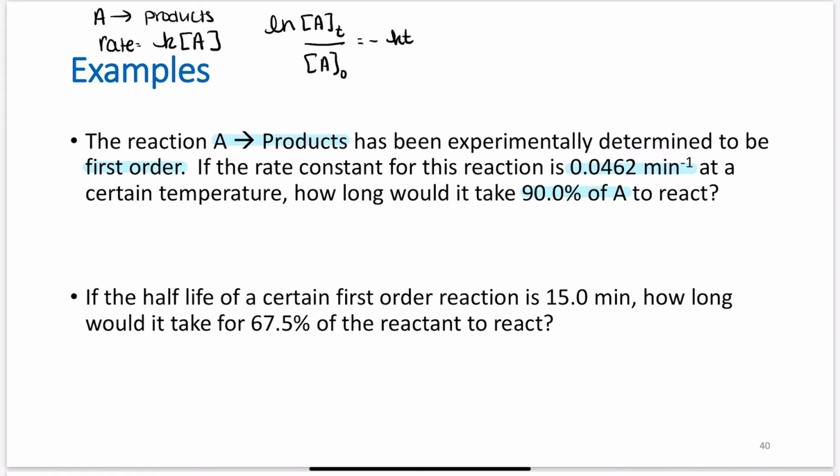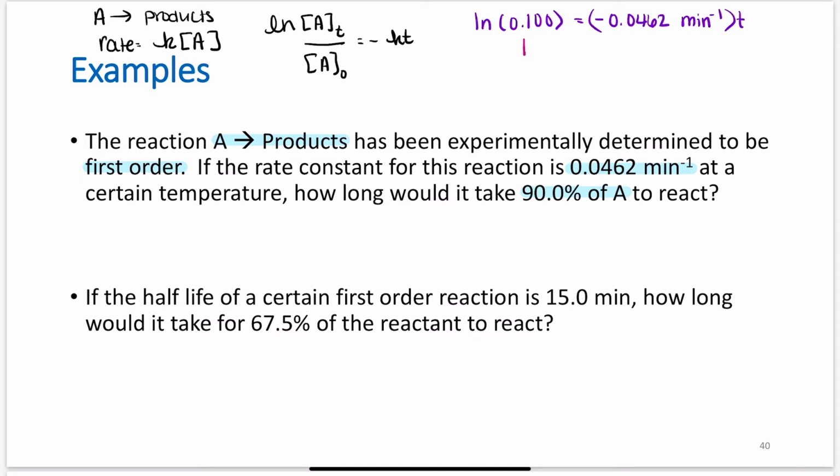I'm trying to find the time when 90% of it has reacted. If 90% has reacted, that means 10% is left. I'm going to say natural log of 0.100 is equal to negative 0.0462 minutes to the -1 times t. What is this though?